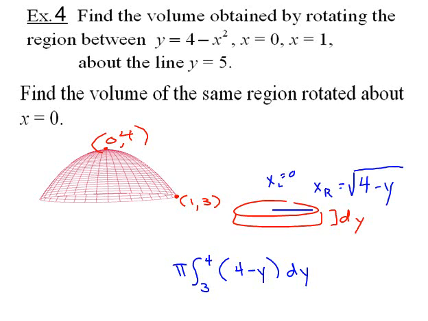Here our radius will be the square root of 4 minus y. This comes from isolating x in the equation of the parabola y equals 4 minus x squared. If the area of a face of the slice is pi times radius squared, our volume will be pi times the integral from y equals 3 to y equals 4 of (the square root of 4 minus y) squared dy.